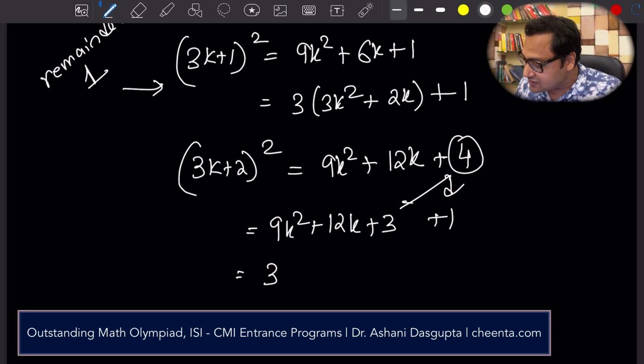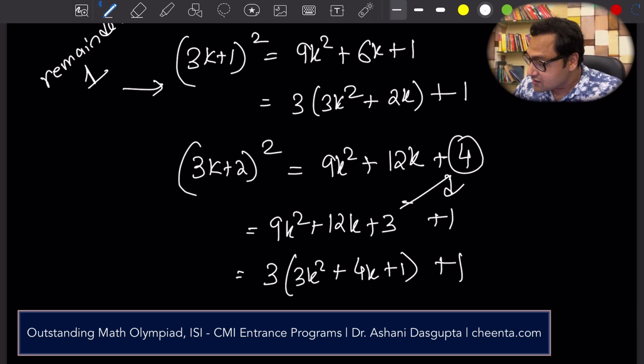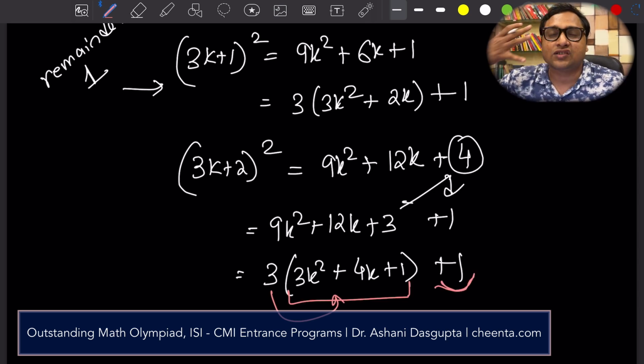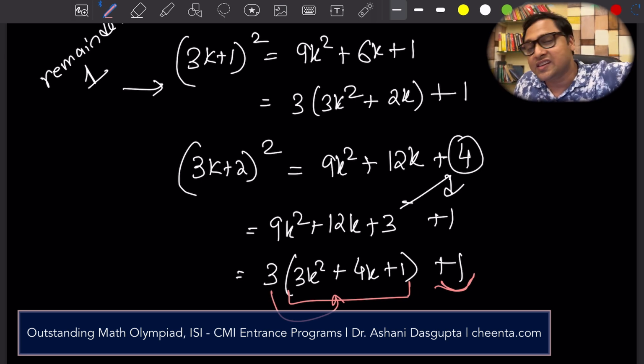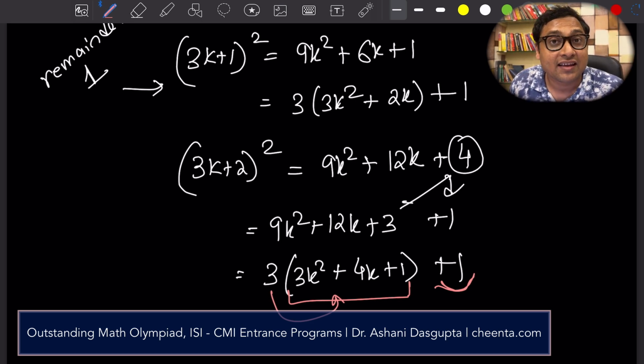Now I have 3 times 3k square plus 4k plus 1, plus 1. So 3 times something plus 1. That means this number is also producing a remainder of 1 when divided by 3.